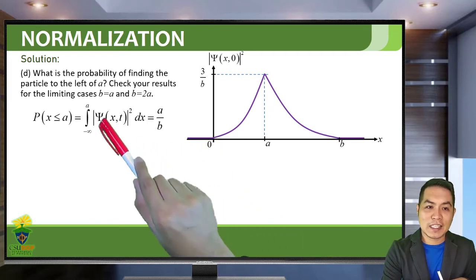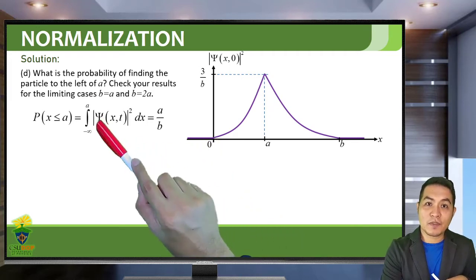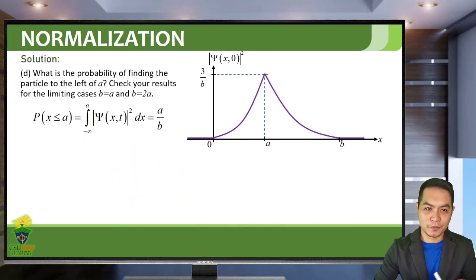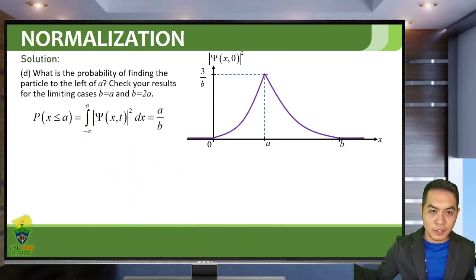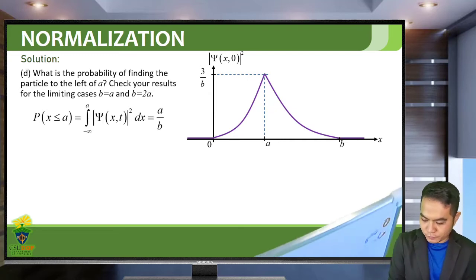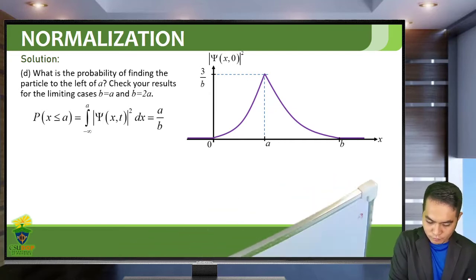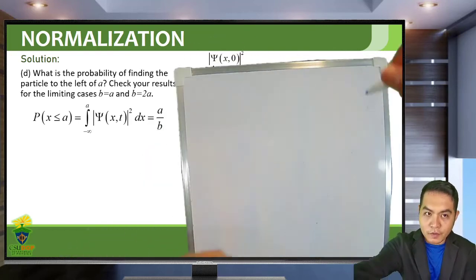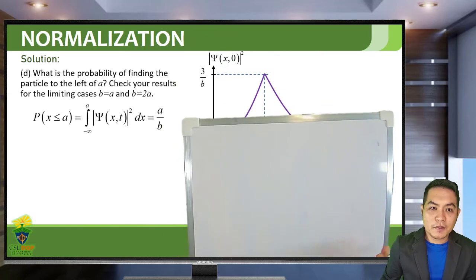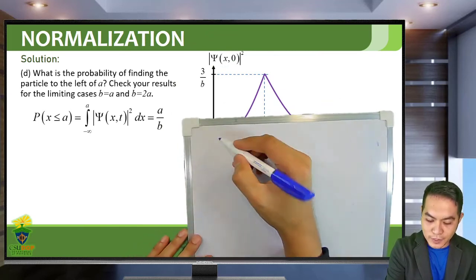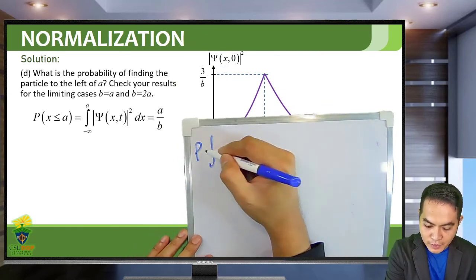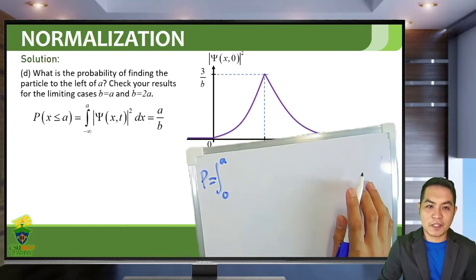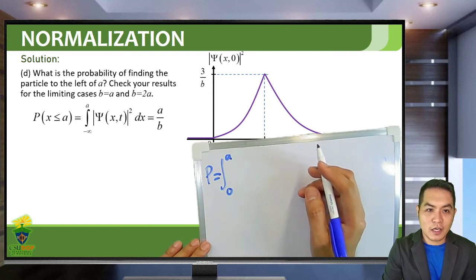So the only contributing term in this integral is from 0 to a. So the probability of finding the particle to the left of a is just the integral from 0 to a of our wave function squared.